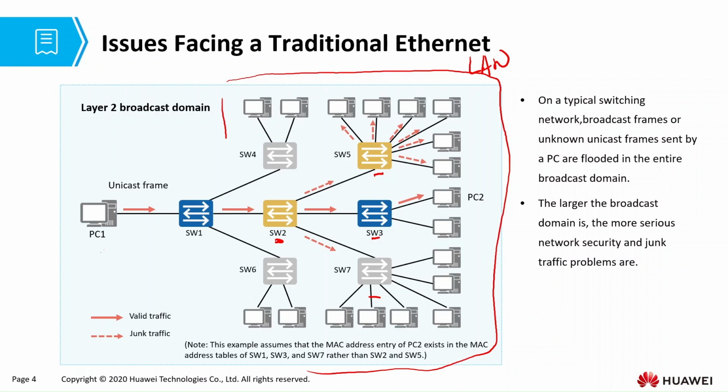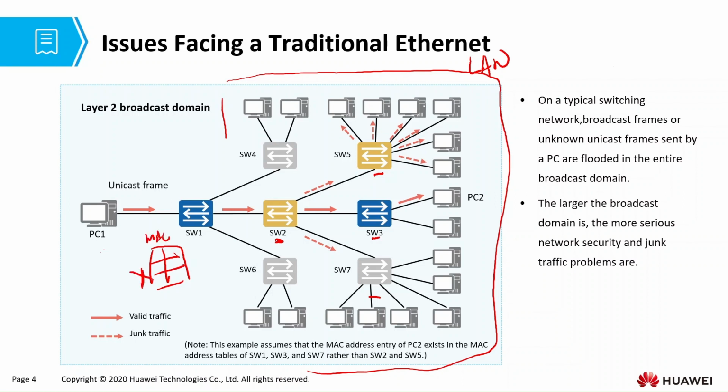Remember on the previous topic, we learned in layer 2 that if the entry does not exist under your MAC table, you learn based on the source, but the destination does not exist under your MAC address table, not exist here, no entry.